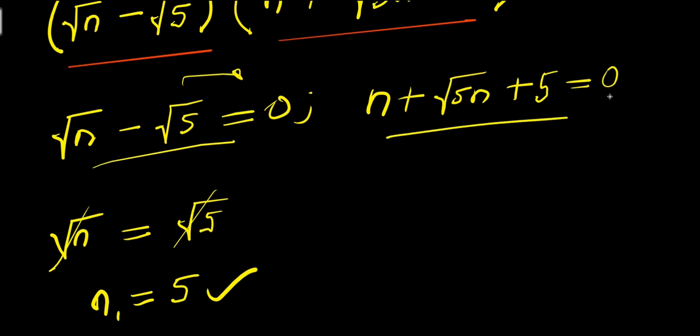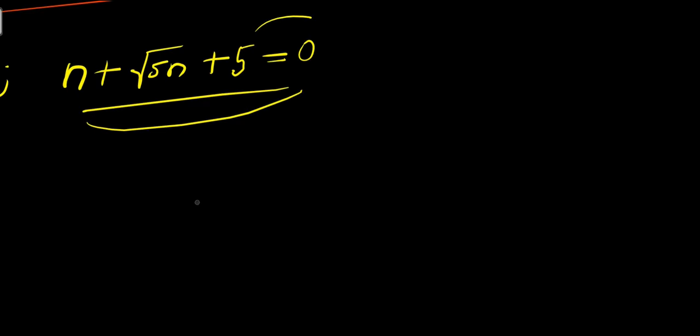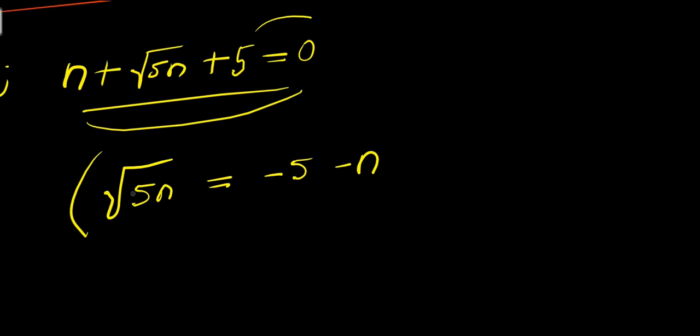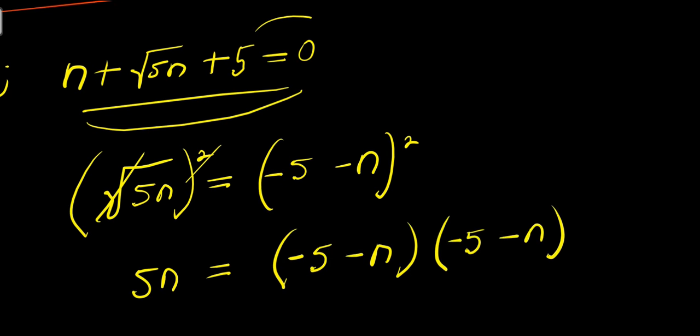That is my n1. To solve this, I move 5 and n across the equality sign. So I'm going to have square root of 5n equals negative 5 minus n. I take the squares of both parts of this equation. This cancels this, I have 5n equals negative 5 minus n times negative 5 minus n.